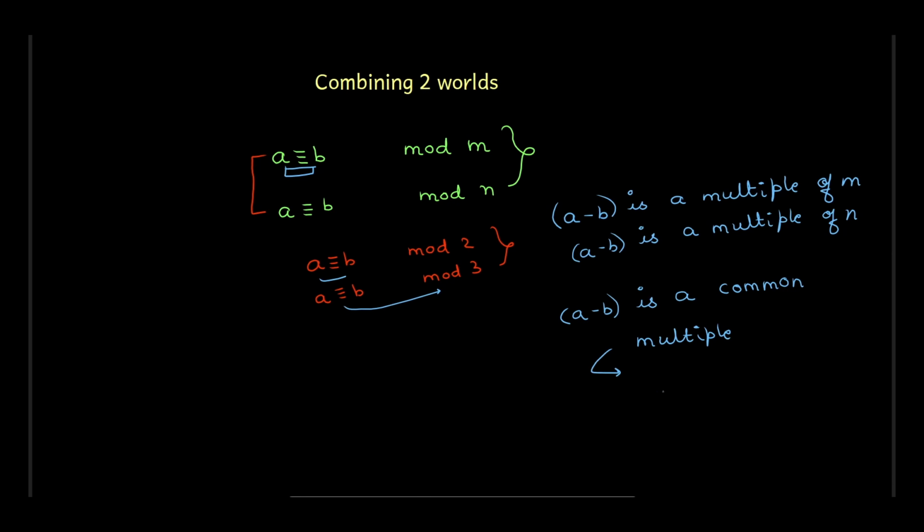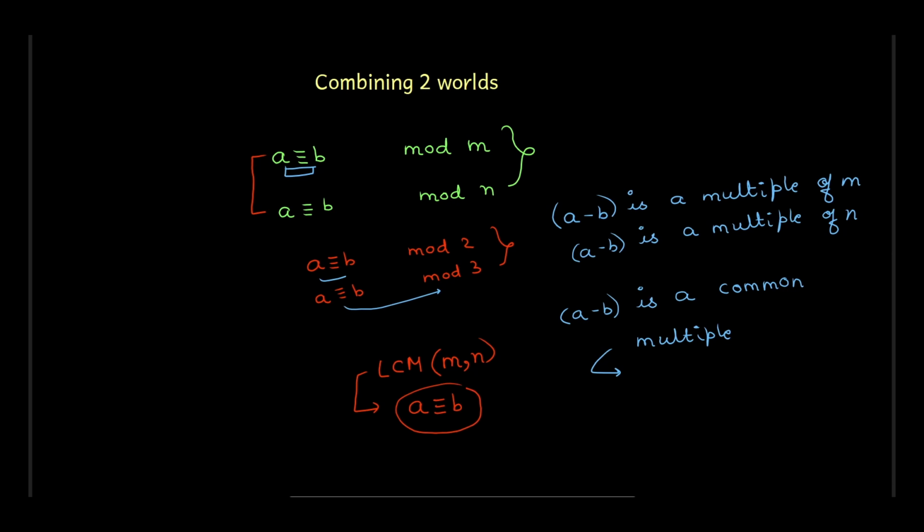Therefore, you can say that if you consider the world where you have the smallest common multiple, which is nothing but the LCM, the LCM of M comma N, then A and B will still be congruent in this world.